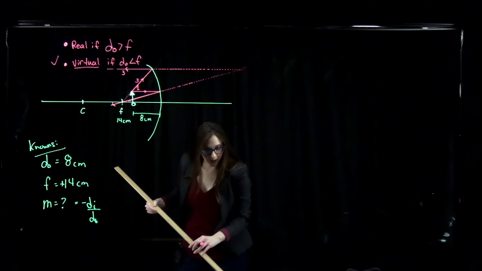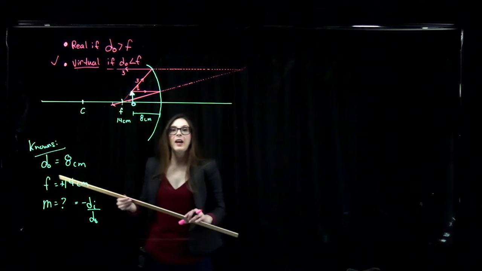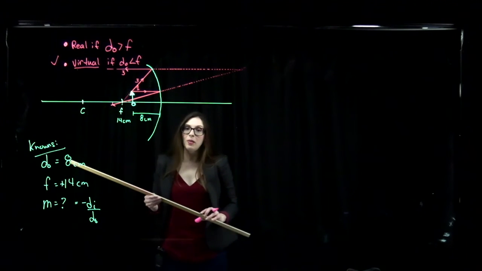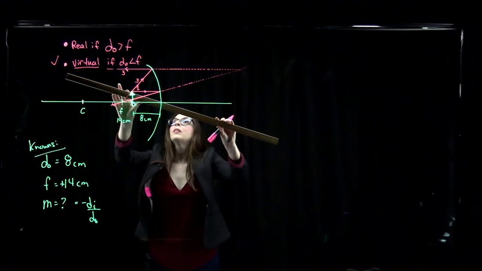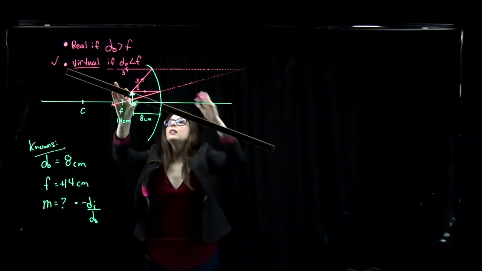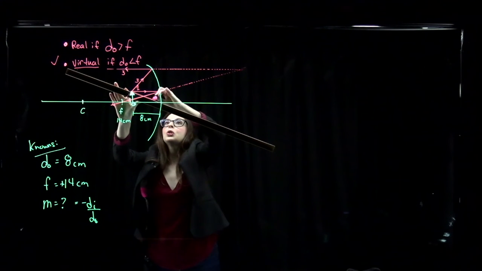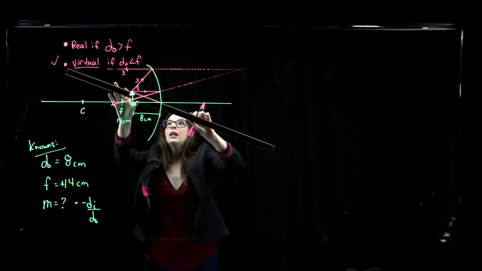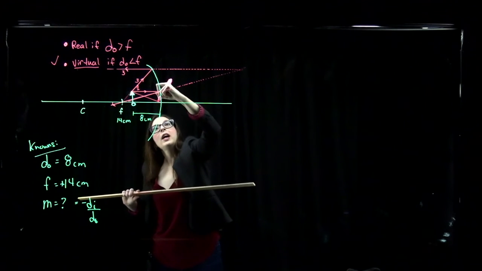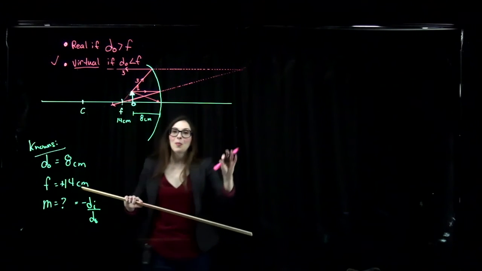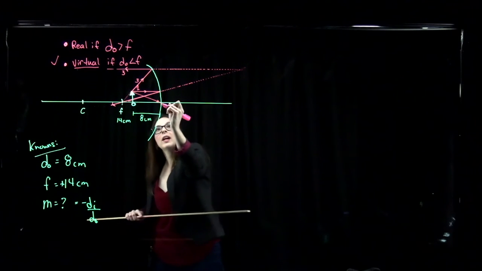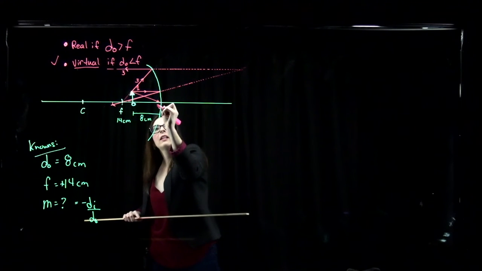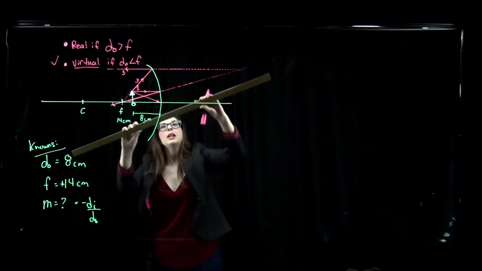It makes the same angle with the axis when leaving as when approaching. So that means that my ray leaving my object is going to come to the center of the mirror. And with our law of reflection, our incident angle is the same as our reflected angle. So if I took my protractor right here, I can figure out exactly where this reflected angle should be.